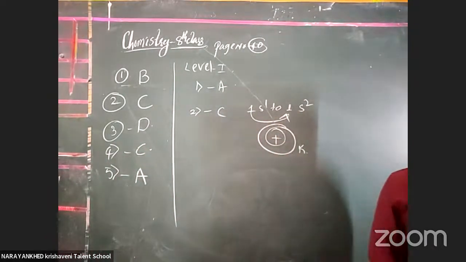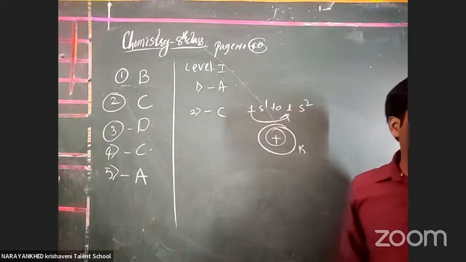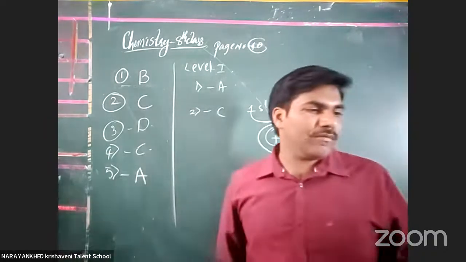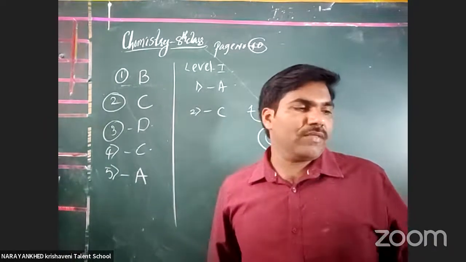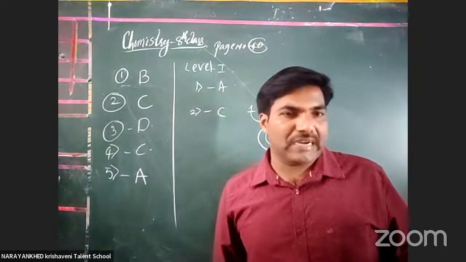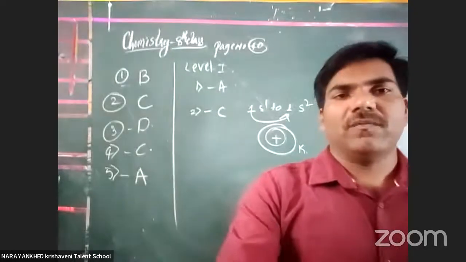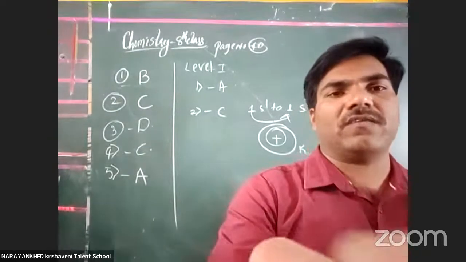Next, in the periodic table, helium is placed at the top left corner, bottom right corner, bottom left corner, or top right corner? Check it in our periodic table.